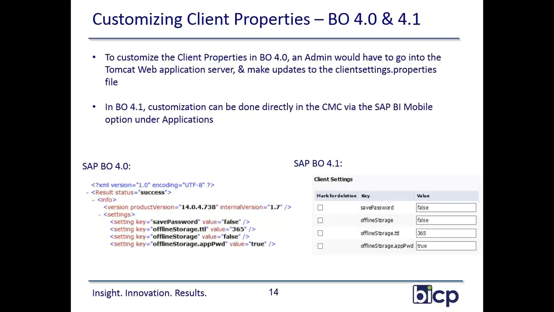And the last one, which is probably the one I find most important, or at least right up there with the save password option, is the ability to completely turn off the application password. In addition to your SAP ID and password, the SAP BI application itself has its own password.